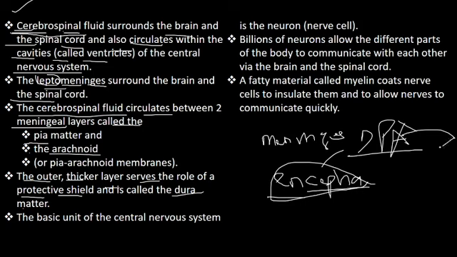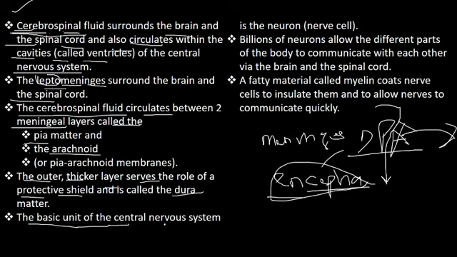The innermost is the what? Pia. And the fluid is flowing in between PA. The cerebrospinal fluid is flowing between arachnoid mater as well as pia mater. So the cerebrospinal fluid is flowing between PA.